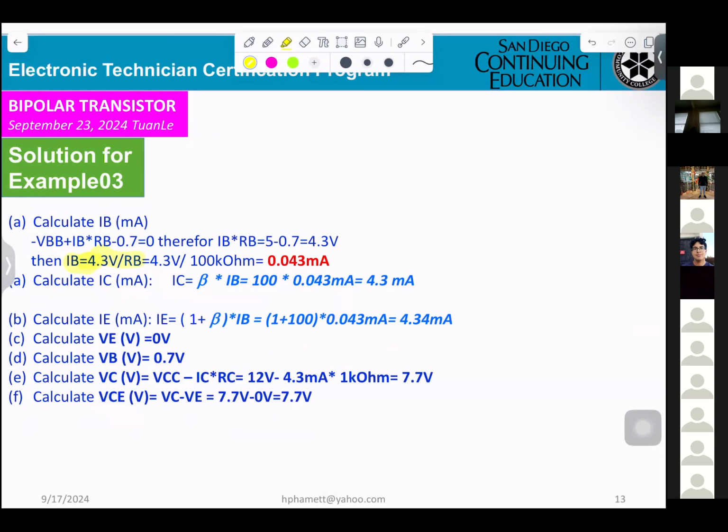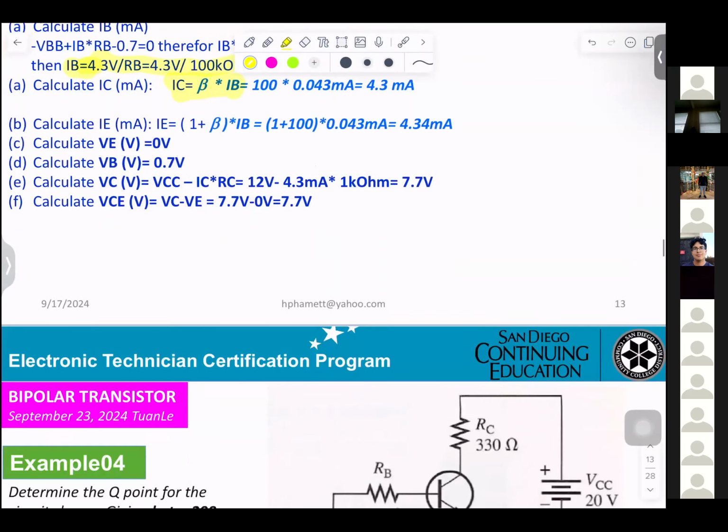IB is 0.043. And you can calculate the IC. IC equals beta times IB, which is 4.3. And then IE, VE, VB, VC, VCE. Okay, we already done.